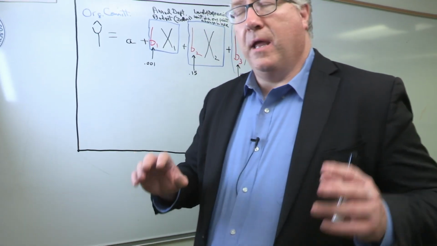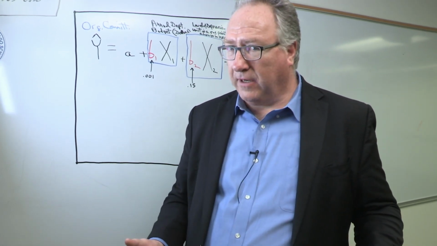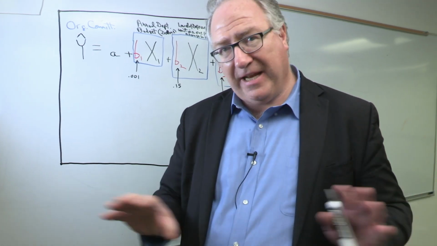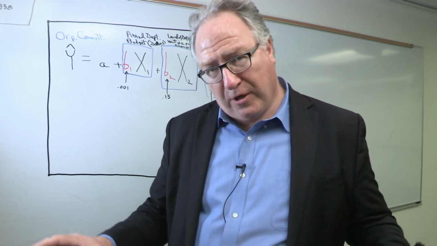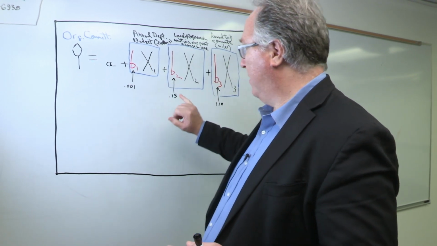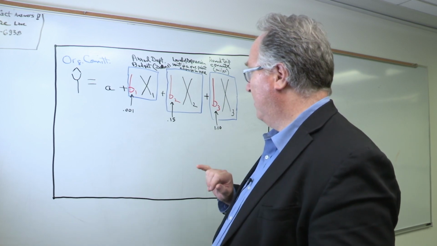I do that, as silly as it may look, because I want you to remember this. If you remember this, it's the key to everything you need to know about interpreting the value associated with each of these unstandardized regression coefficients.